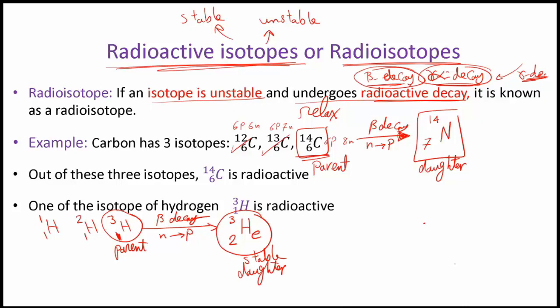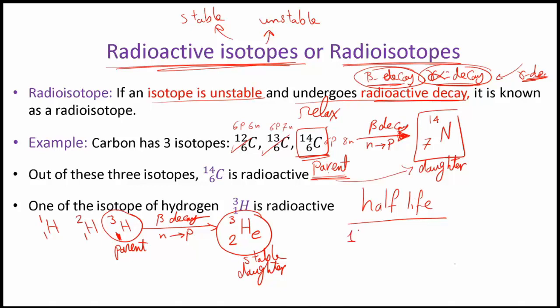This radioactive decay takes time. So to define the activity or the radioactivity of a radioisotope, they define what we call the half-life. What is the half-life? It's the period of time required for half of the atoms of the parent to change into daughter.